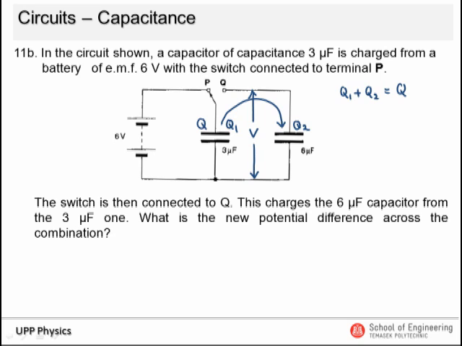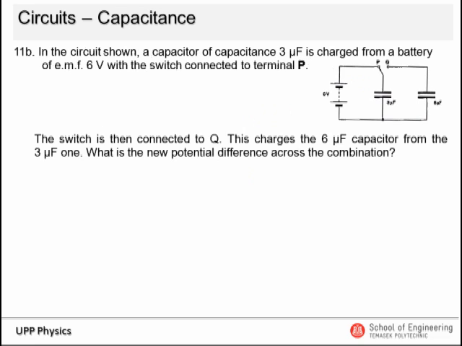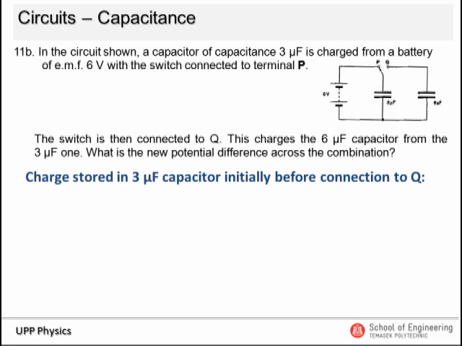Let us proceed to calculate the new potential difference across the combination. Now, first of all, we have to calculate the charge Q that is originally stored in the 3 microfarad capacitor when the switch is connected to terminal P, meaning the charging process of the 3 microfarad capacitor. The charge that's stored in the 3 microfarad capacitor initially before connection to Q is given by this formula.